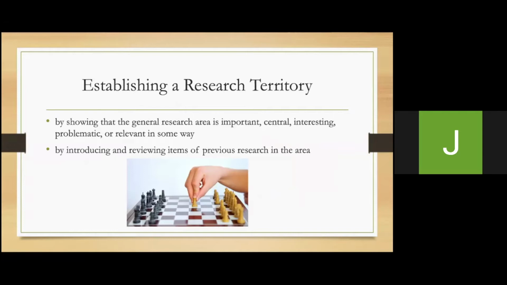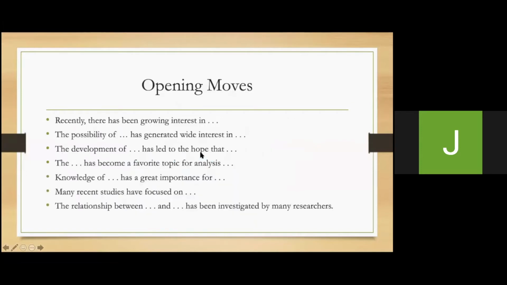And so when you establish your research territory, you show that your general research area is important, central, interesting, problematic, or relevant in some way. But there's something interesting about your research area. You do this by introducing and reviewing items of previous research in this area. And so you often find phrases like this within this area of the literature review.